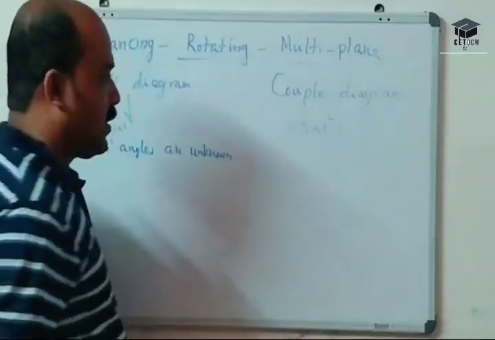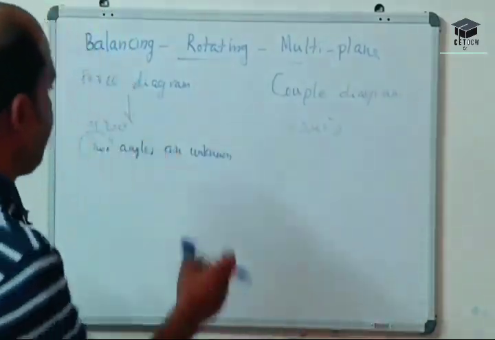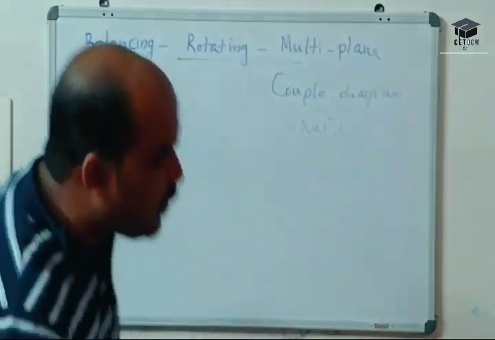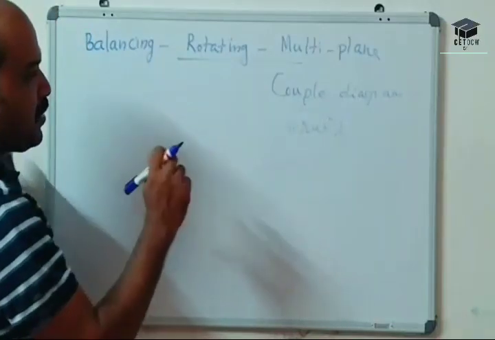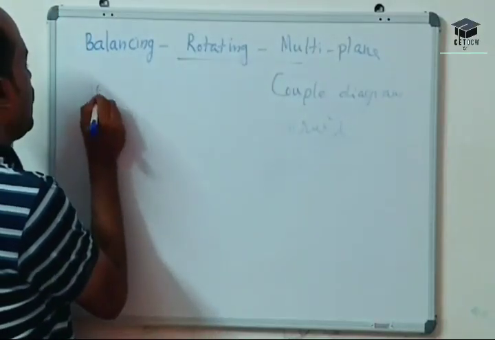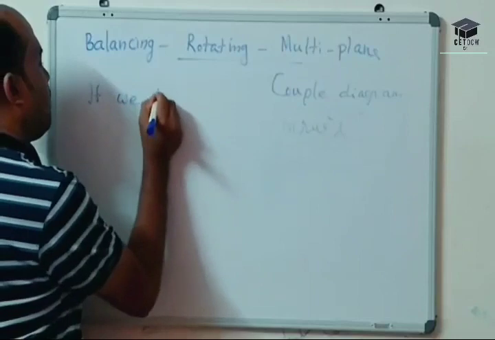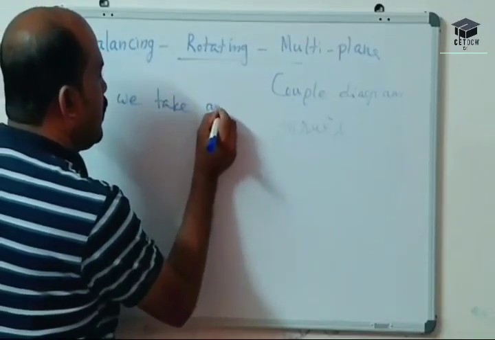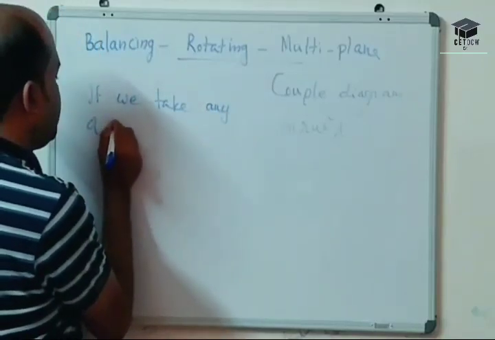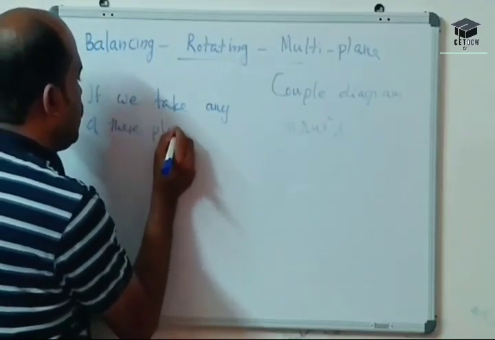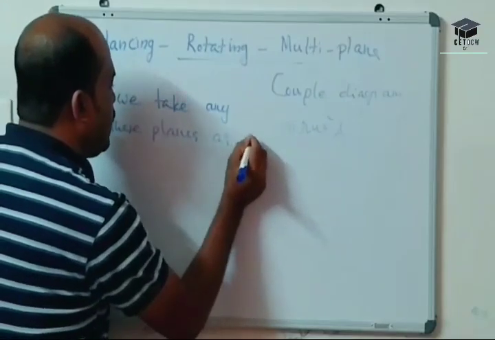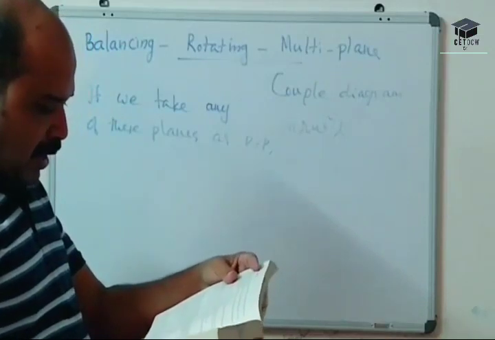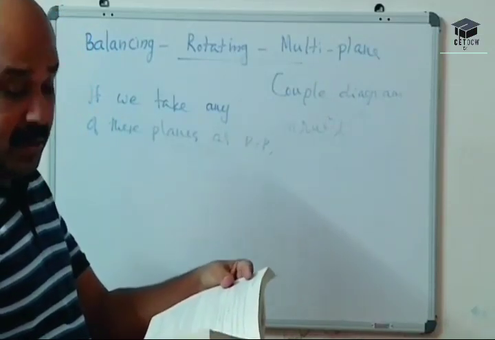So we can go for the coupled diagram. In the coupled diagram also these two will be unknown, but we know that if we take any of these planes as reference plane, here the unknowns are the angle between B and A and D and A.